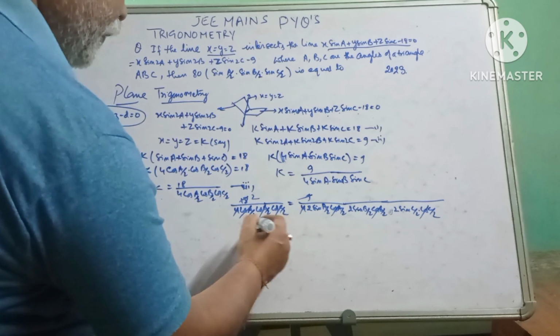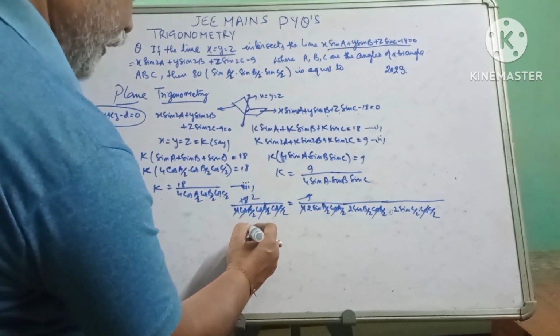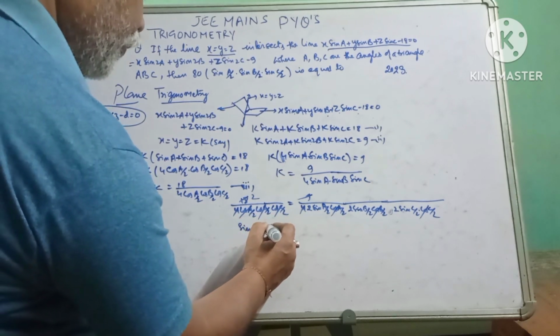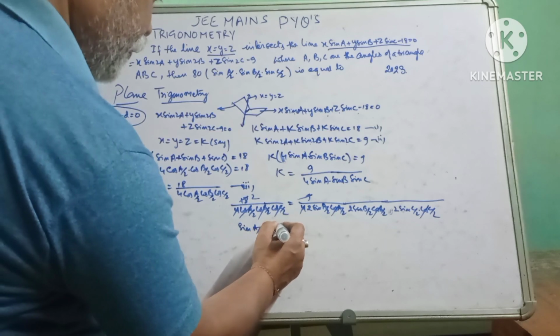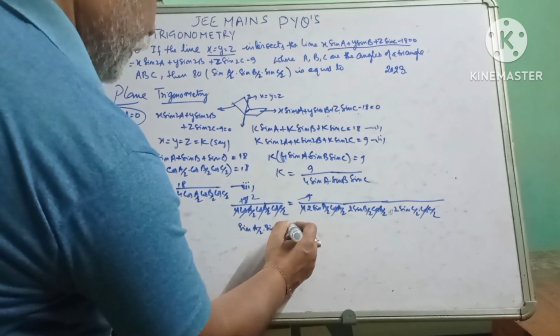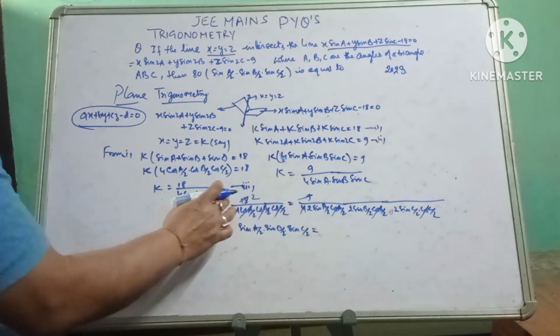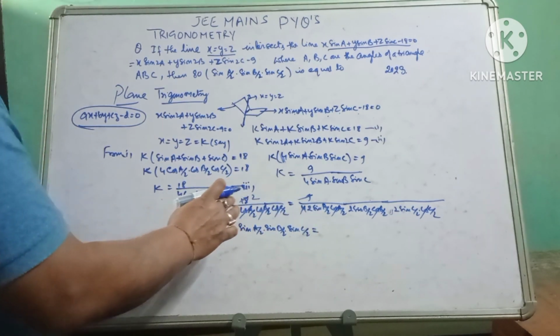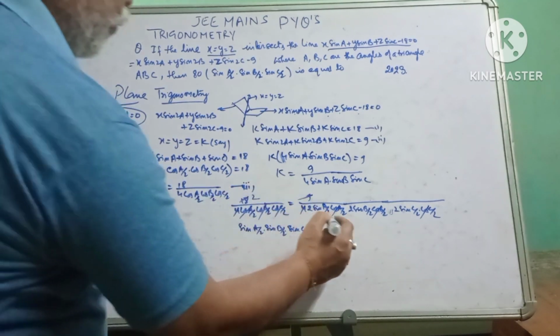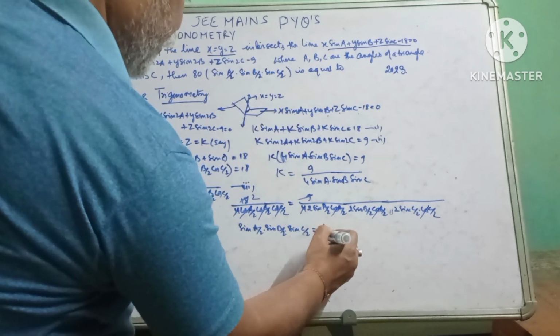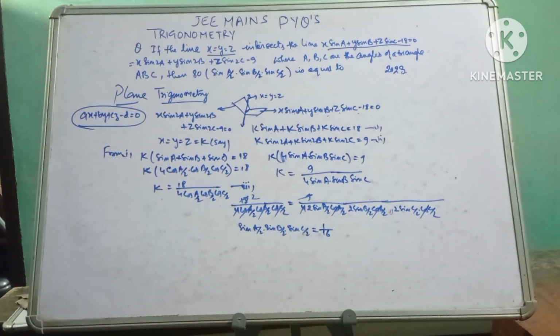So you are going to get sine A by 2 sine B by 2 sine C by 2 equal to 1 by 16. You are going to get the value of 16.